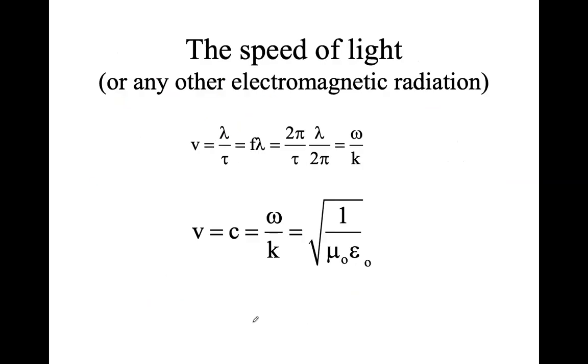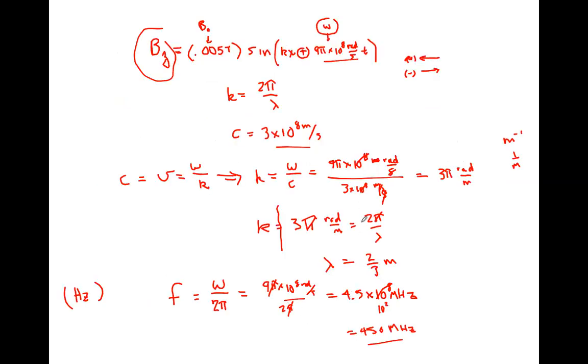So let's go back to this problem right here. I knew the magnitude of the magnetic field, and we just said electric field over magnetic field is equal to the speed of light. I hope that's what I said. So if I know the magnetic field here has an amplitude of 0.005 Tesla, the electric field must have this value.